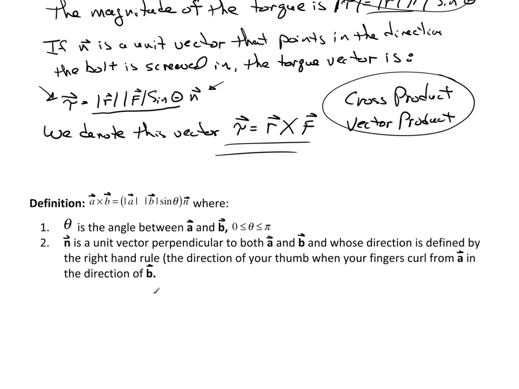Now, because of this, A cross B is not the same as B cross A. These are actually different. Let's say I have a vector here.